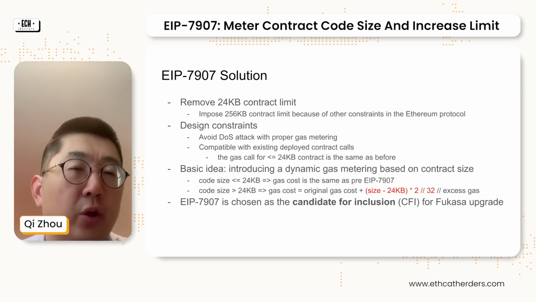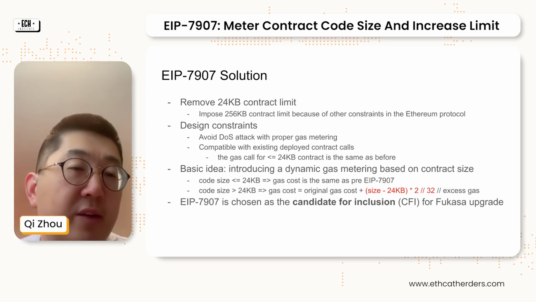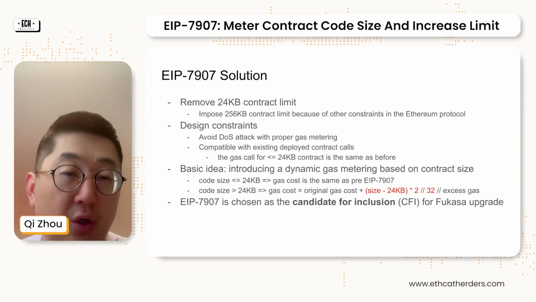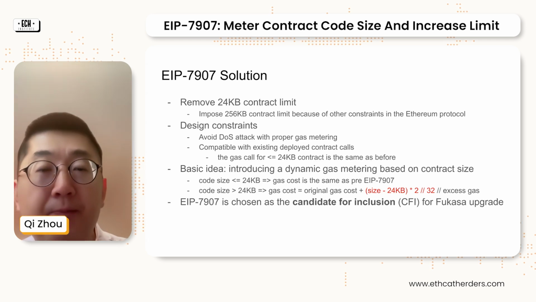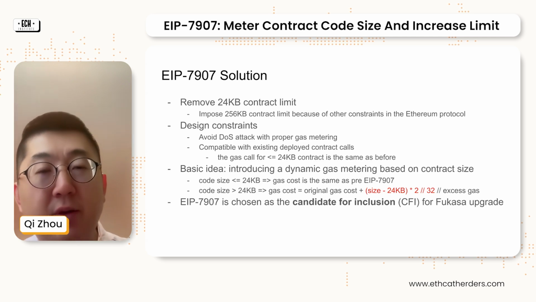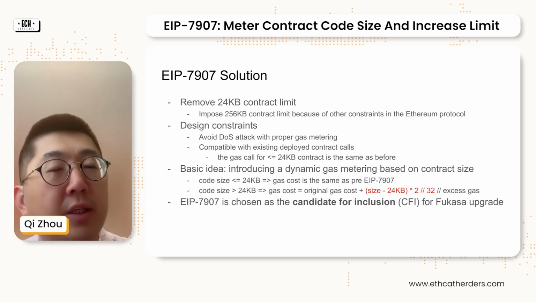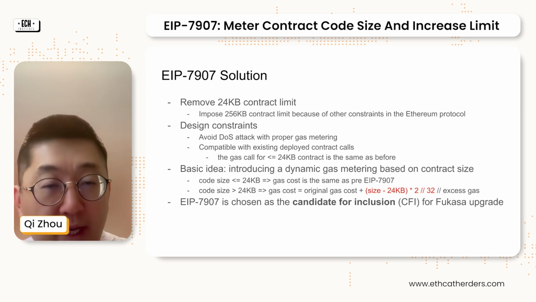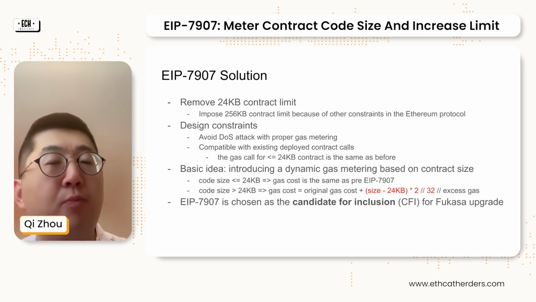Also, to reach this goal, we need to carefully satisfy some design constraints. First of all, we need to avoid DDoS attacks, especially with proper gas metering and implementation, because, as I will show later, if the implementation is not correct, we can still easily suffer from DDoS attacks. Second, it should be compatible with existing deployed contracts, especially during this gas metering or repricing.